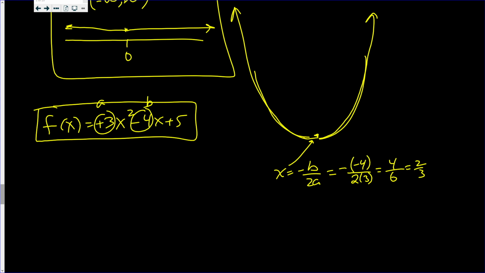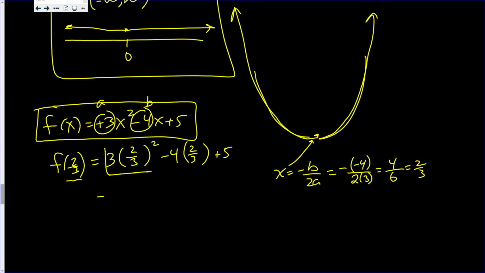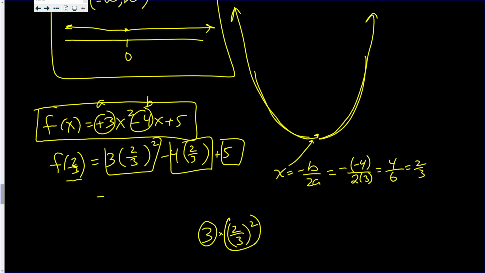So what you want to do is find f of 2/3, which is 3 times x squared minus 4 times x plus 5. You put 2/3 in. Well, we have to put 2/3 in. So it's this number minus that number plus that number. 3 times 2/3 squared. Well, we have to figure out what those numbers are. The first number is 3.